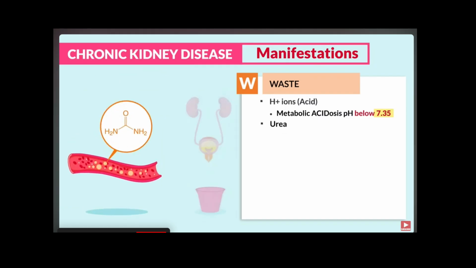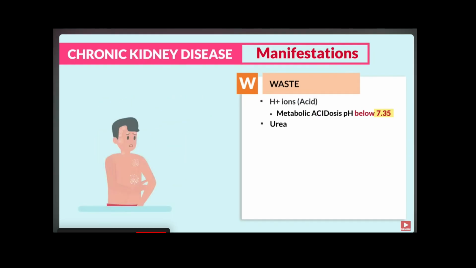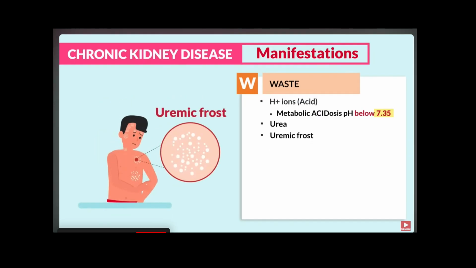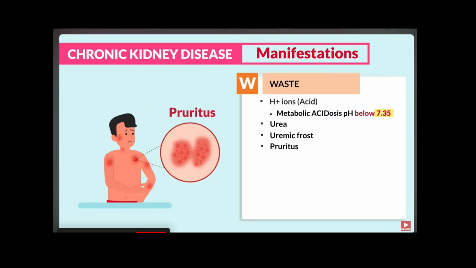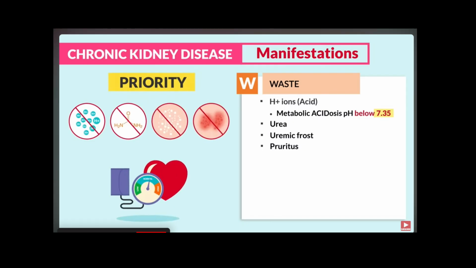And we also see urea, since it can't get out of the body and into the potty, which eventually develops into uremic frost, those crystallized urea deposits on the skin. Basically, white frost causing pruritus, that itchy skin. But again, these are normal and to be expected and not priority over hypertension crisis. Remember, those headaches, nausea and vomiting, and change in mental status are all priority here, so don't get it twisted.